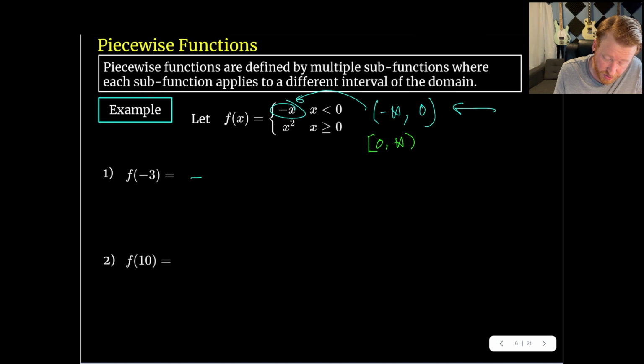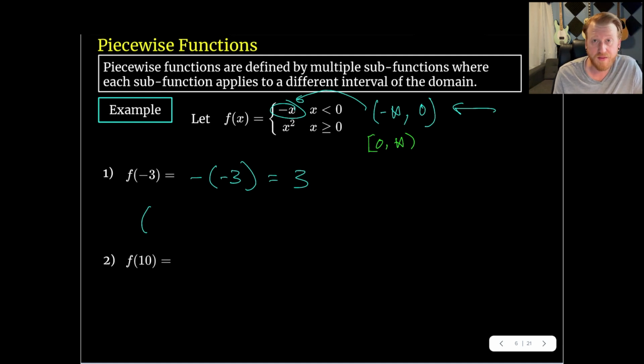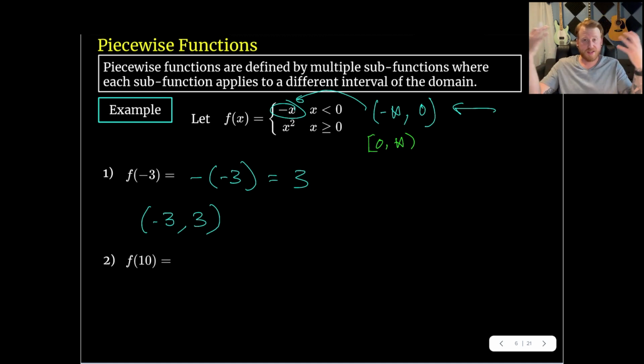So f of negative 3 would become negative of negative 3, using the top subfunction, which gives us positive 3. Writing this in coordinate form, the input is negative 3 and the output is 3. We're using the top subfunction because negative 3 comes from that part of the domain.